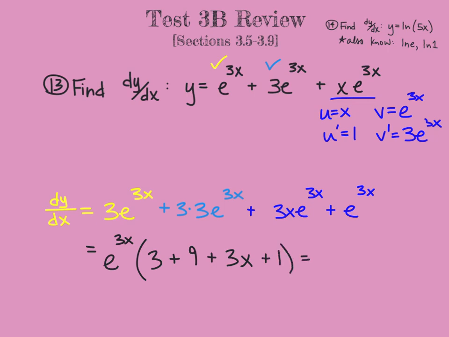When we clean that up even more, we have an e to the 3x out front, then we're left with 3 plus 9 plus 1, which is plus 13, and we're also left with a 3x. The reason it worked out that way is because these could have initially been combined as one single term for e to the 3x. I just wanted you to get practice with doing the derivatives for a bunch of e to the x's.